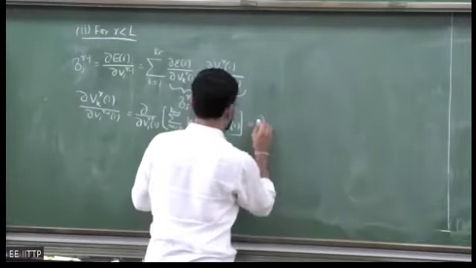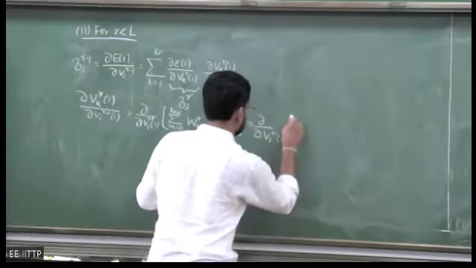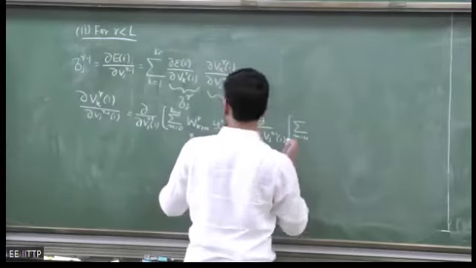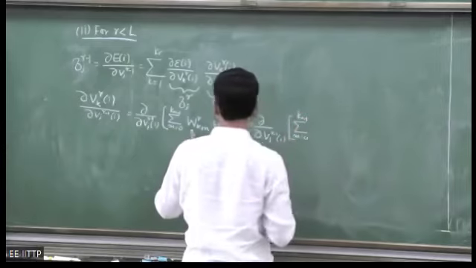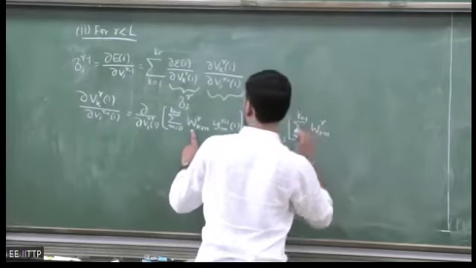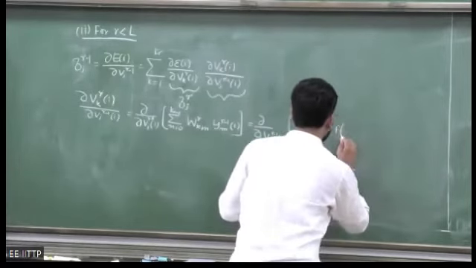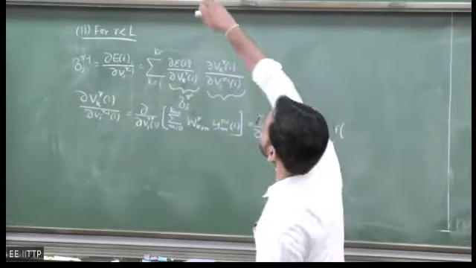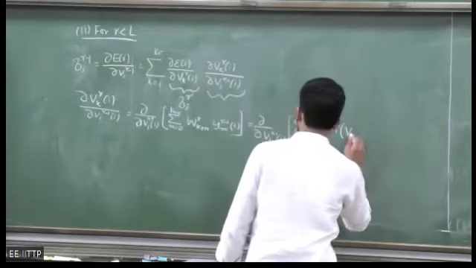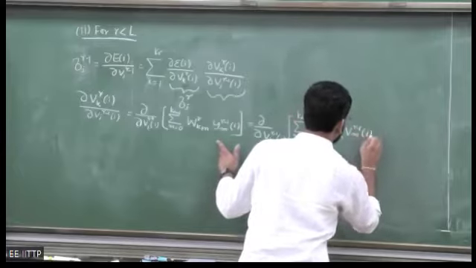This I would write as dou by dou V_j^(r-1) of i into summation m varying from 0 to k subscript r minus 1 of w subscript km in the rth layer, and this would be equal to a function of V, coming from the (r-1)th layer, mth neuron of i.